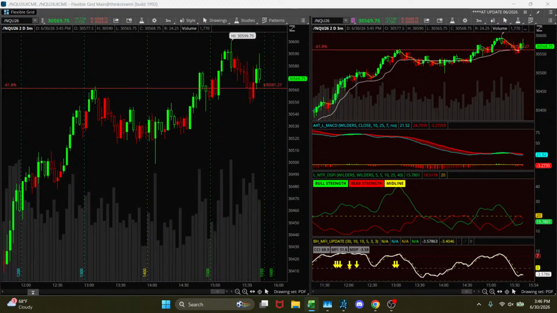So we're just kind of hanging out, consolidating here. It hasn't gotten too clear if they want to move it higher or lower right now. Seems like they're kind of stuck at the moment. The question really becomes, can the buyers squeeze us, or are the sellers going to have some profit taking?